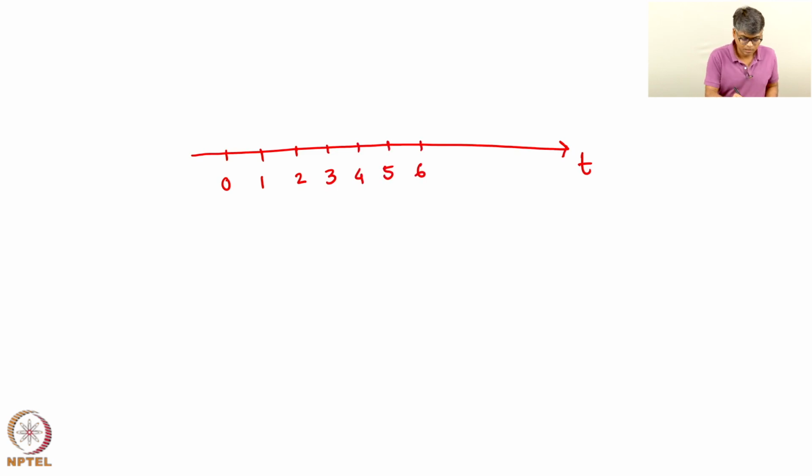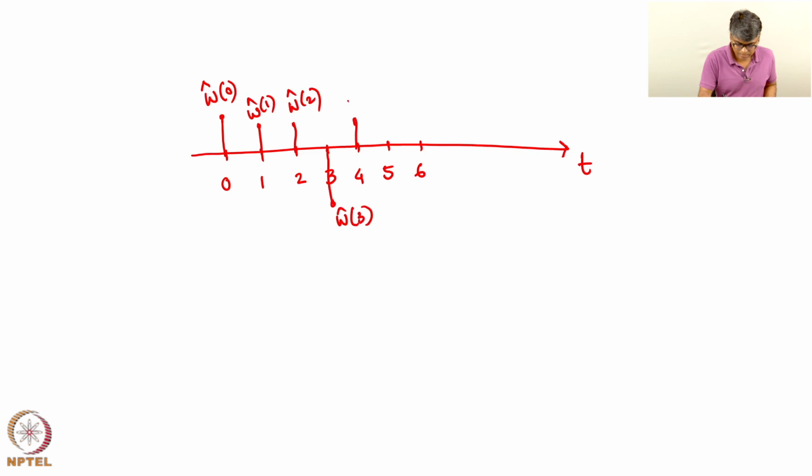And I have noticed the value of a particular trajectory, say w hat at 0, w hat at 1, w hat at 2, w hat at 3, w hat at 4, w hat at 5, and w hat at 6.